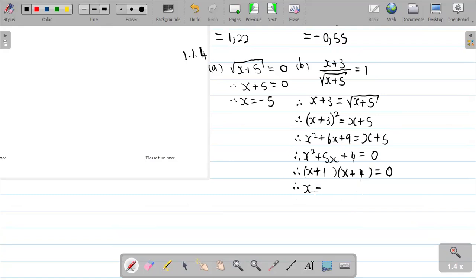So it means x will be equal to -1, or x will be equal to -4. So it's -1 or -4. So that's it for 1.1.